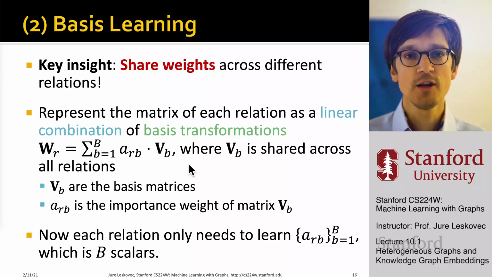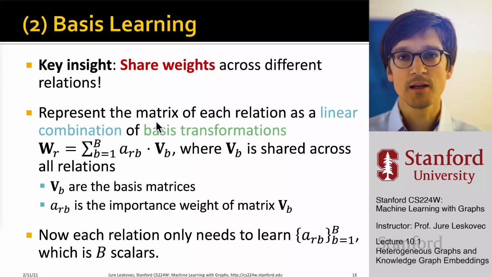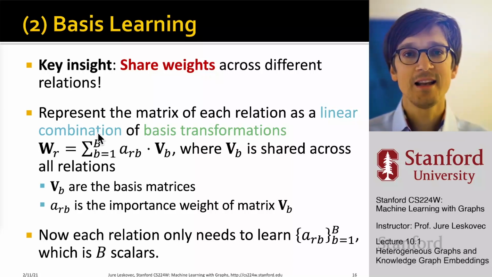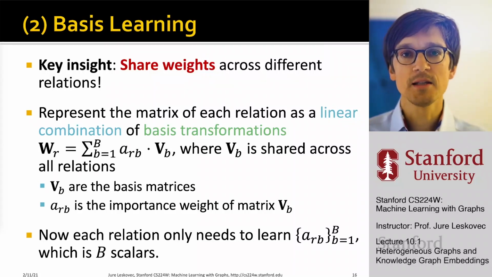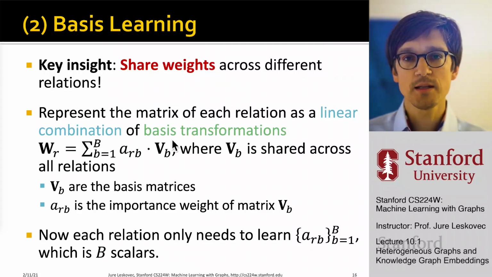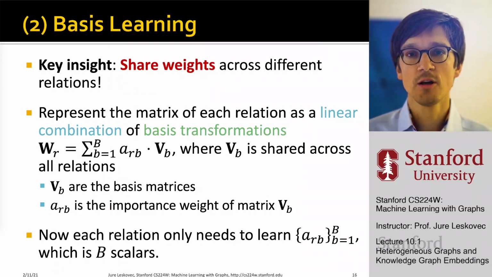The way you can achieve this very elegantly is to represent the weight matrix, the transformation matrix W for each relation, as a linear combination of basis transformations, or basis matrices. You call these basis matrices your dictionary. So this is also called dictionary learning.